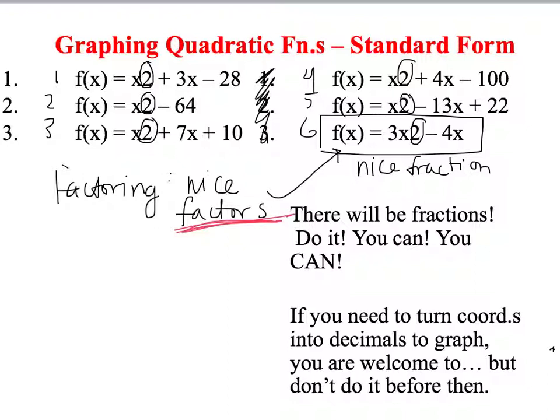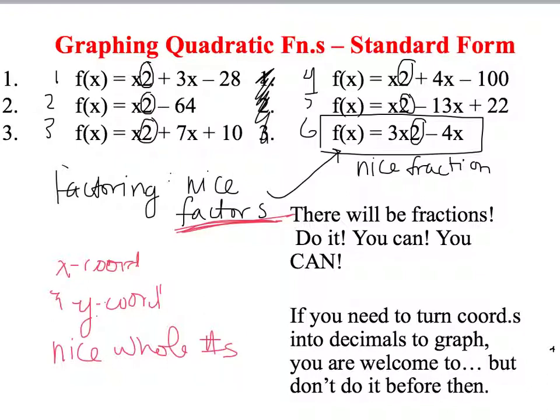That's what we want. Why do I say that? There is no guarantee that when you go to find your vertex x-coordinate, and like on number 1, especially the y-coordinate, that those are going to be nice whole numbers. Does that mean you can't graph it? Of course it doesn't. You can graph it.